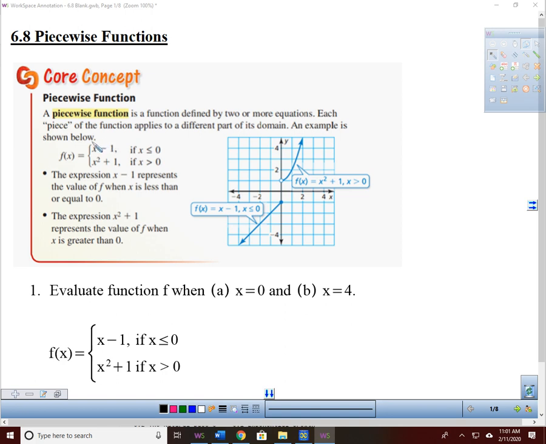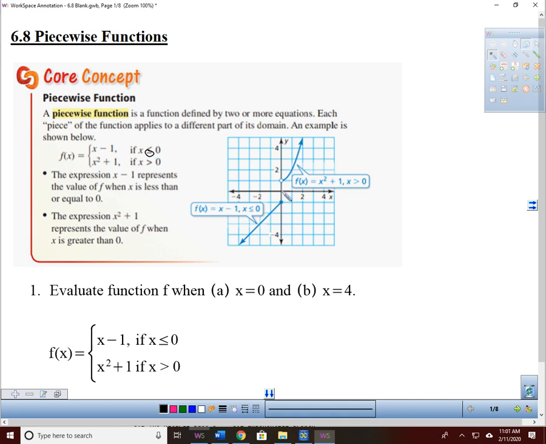So my graph is x minus 1 if x is less than or equal to 0. So that means like the left side of my coordinate plane. So if I look at this, I have the equal to bar right here, which means that's an enclosed circle. So right there, I have a dot.